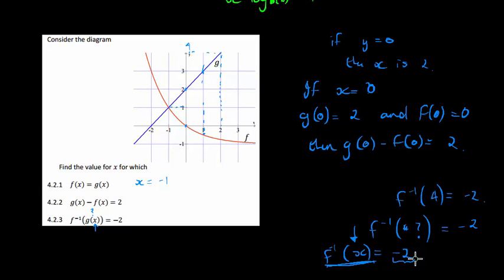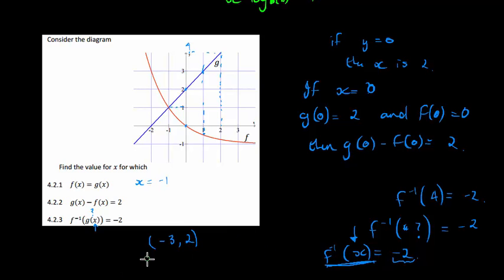Then we have to put in negative 3, I think. In my inverse. Okay, so you are saying that the point negative 3 comma 2 is a point on the inverse.